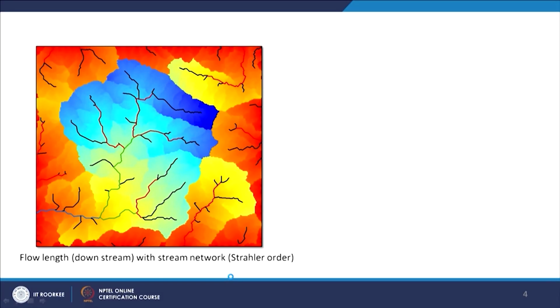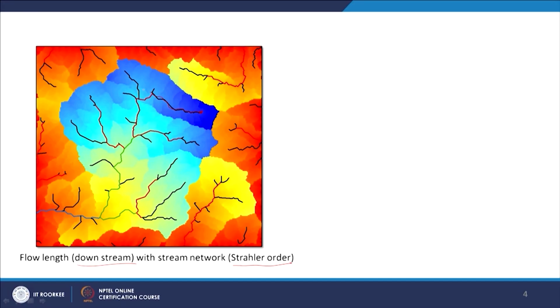Now this is the flow length of the same digital elevation model which we have been discussing in this discussion. The drainage network with the stream ordering is also shown as a stellar stream, and the flow length here is shown in the downstream. As you can see, the values would be very small in this part, but as we go downstream the length increases.